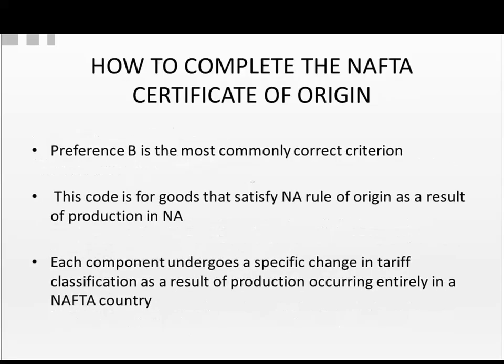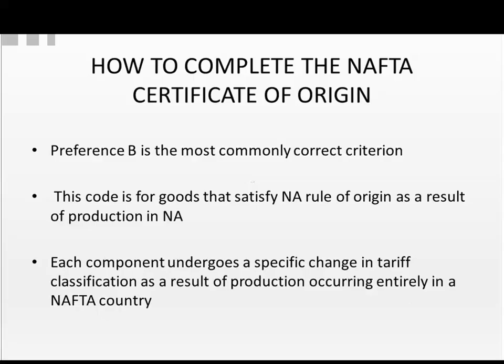Preference B, therefore, is the criterion I see most commonly correct in my experience. This code is for goods that satisfy the North American rule of origin as a result of production in North America.